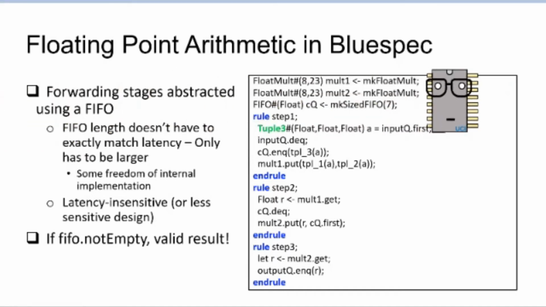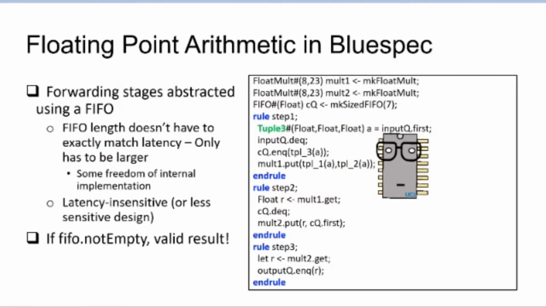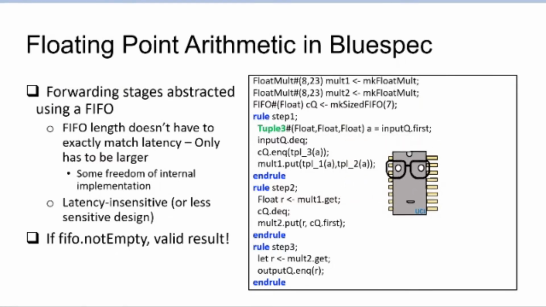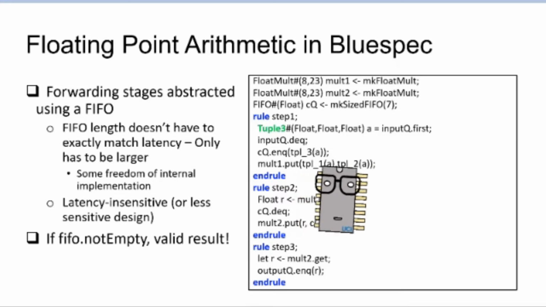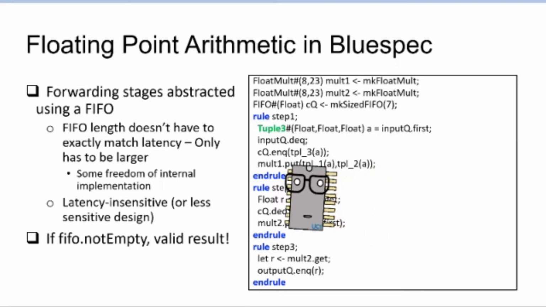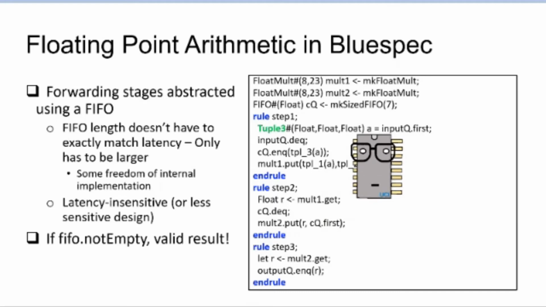So here we have mult1 and mult2, mult1 for multiplying A and B, mult2 for multiplying C. So let's say we have 3 values coming in at every cycle from the input queue. For multiplier 1, we can put the A value and the B value, tuple 1 of A, tuple 2 of B. And meanwhile, C also has to be forwarded through its own path with pipeline registers.